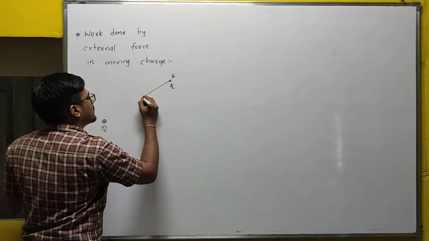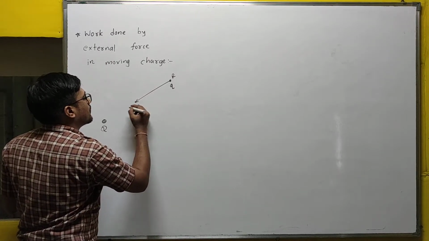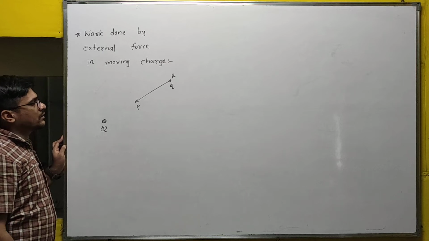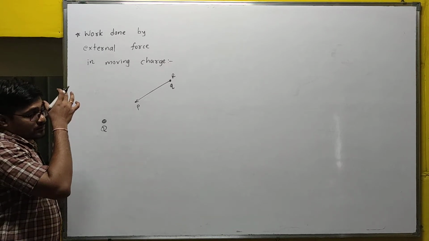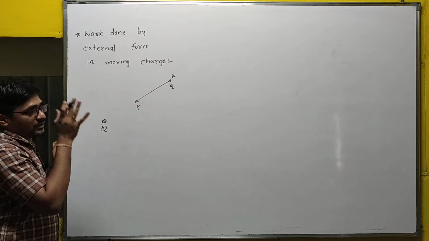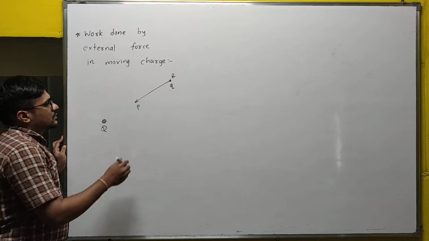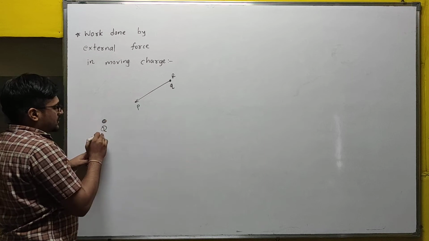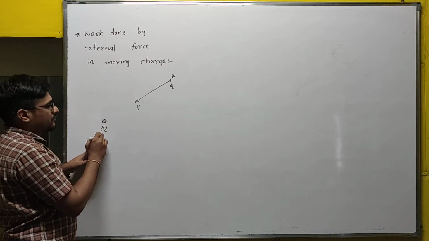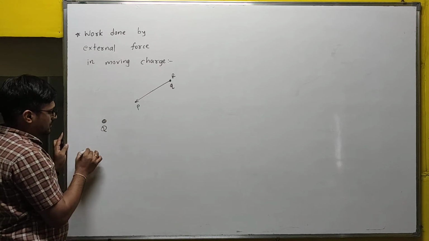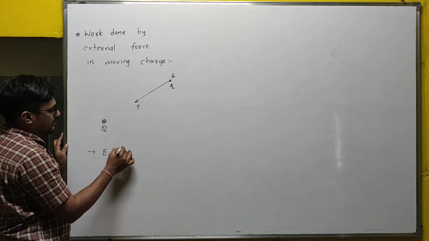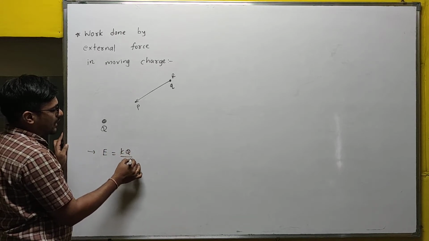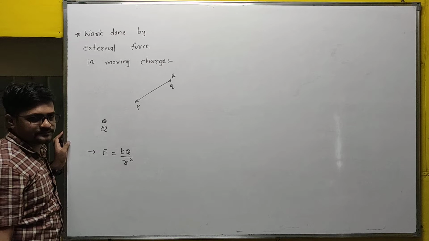For that, what amount of work is required? We want to find that quantity of work. So this small q charge is positive and this capital Q is also positive. This capital Q generates the electric field kQ by r square at a distance r from this charge.